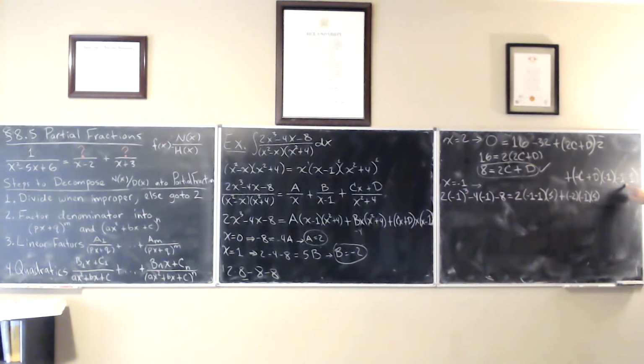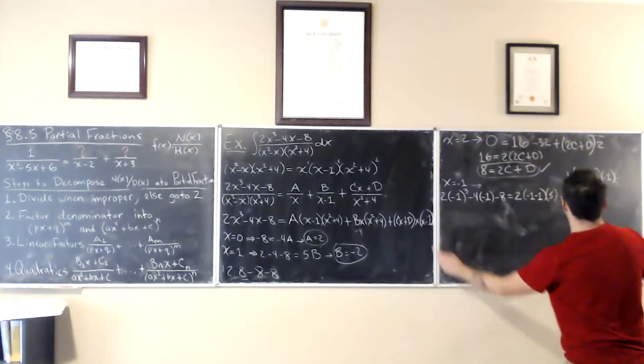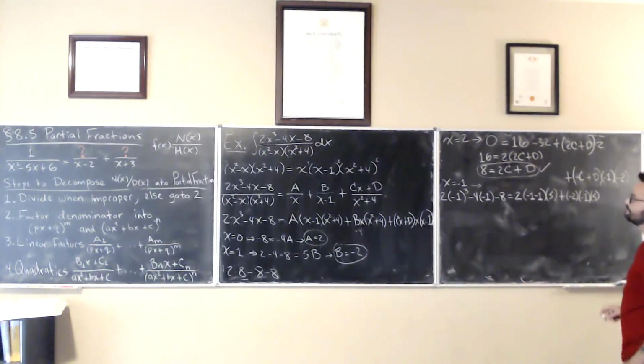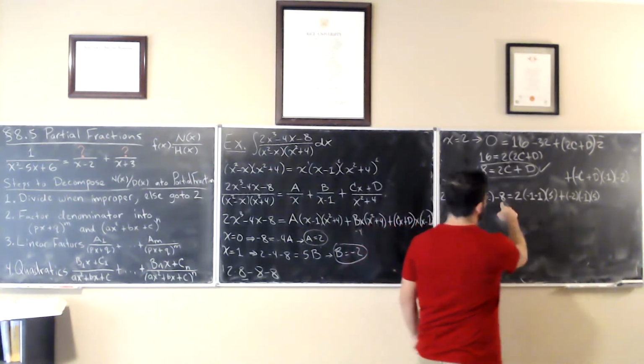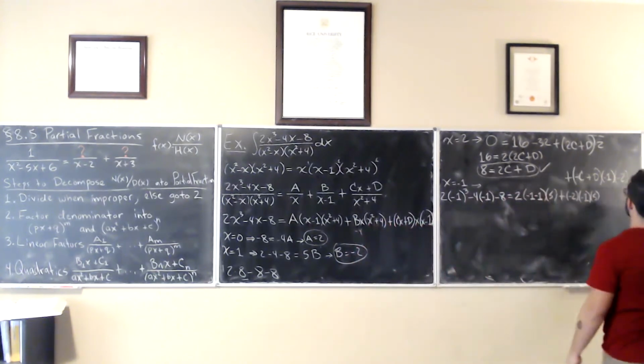What's minus 1 minus 1? Hopefully y'all can see that. It says minus 1 minus 1. I can write that as minus 2. And look at that, there are factors of 2 everywhere, just to make my life easier. 2, 2, 2, there's 2's everywhere.